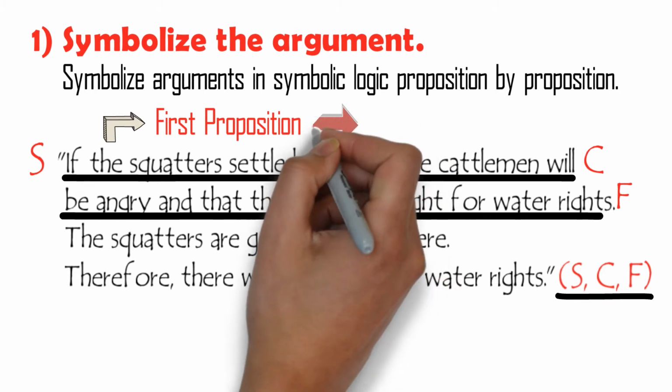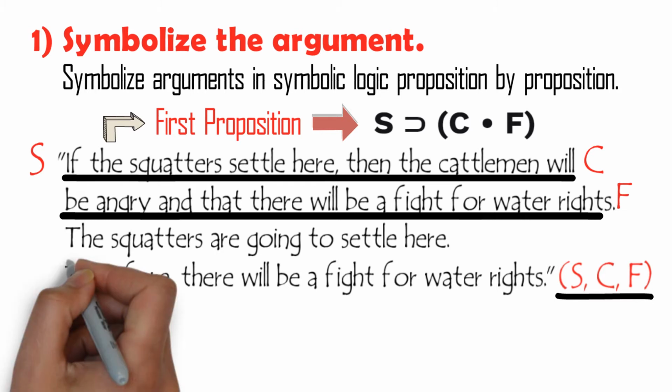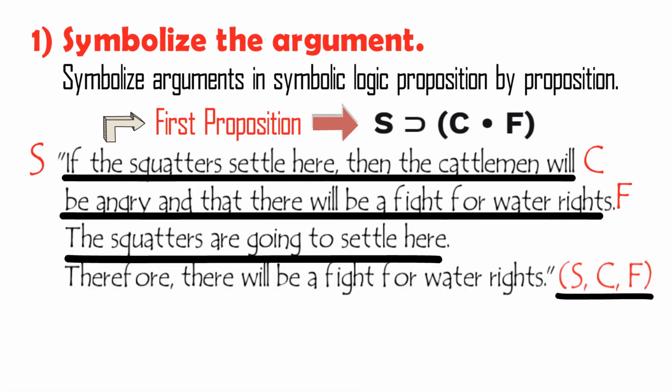Thus, the first proposition, if the squatters settle here, then the cattleman will be angry and there will be a fight for water rights, is symbolized as follows: S, then C and F. The next proposition in this argument says, the squatters are going to settle here.